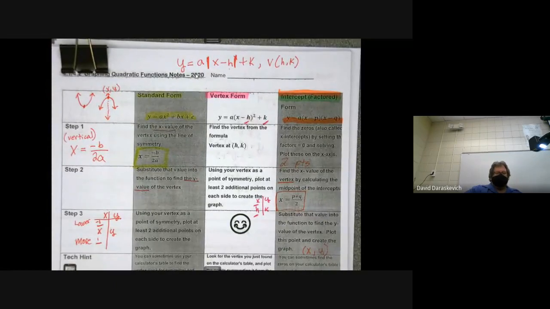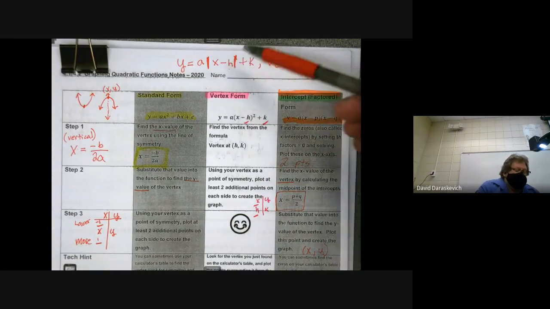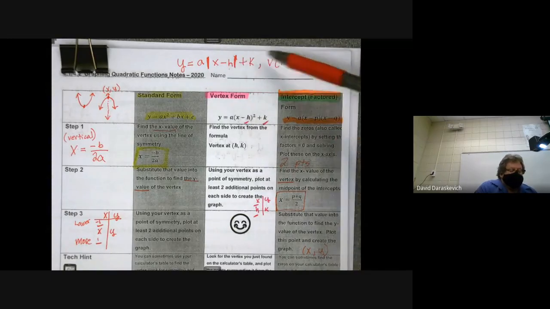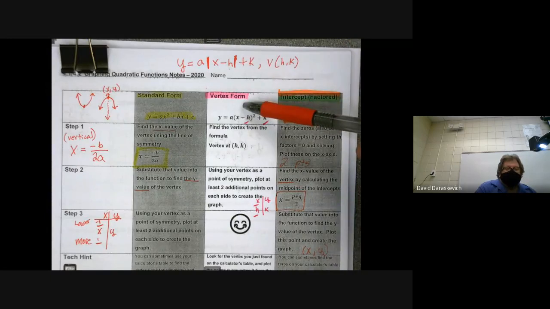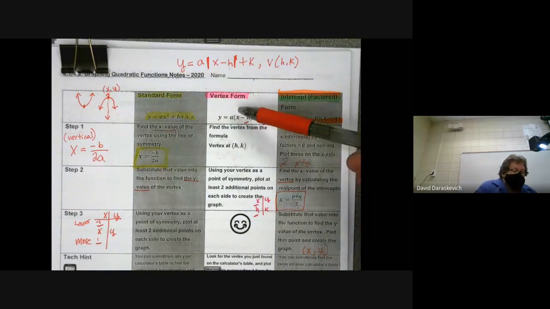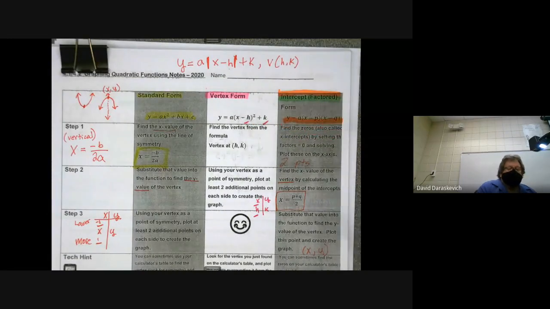Back last week when we did the absolute value vertex form, we had the equation up here. I wrote it up on top: y equals a times the absolute value of x minus h, plus k, where (h, k) was the vertex. We have the same form for parabolas, and that is y equals a times the quantity x minus h, squared, plus k.